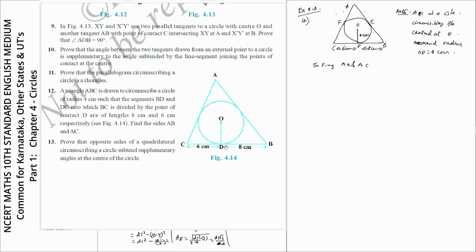So I'll mark E and F at the points of contact of sides AB and AC. Now I will join OE and OF.